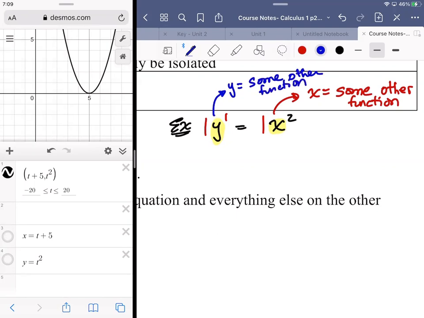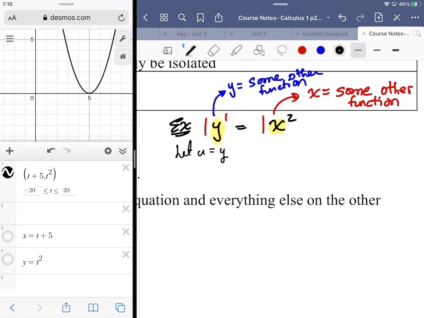So when we take a derivative, we would take the derivative as if it were a chain rule problem. And that's where things get a little interesting, because I would have to be thinking of y as being equal to some function u. I'll just focus on the left-hand side here. Let u equal y.